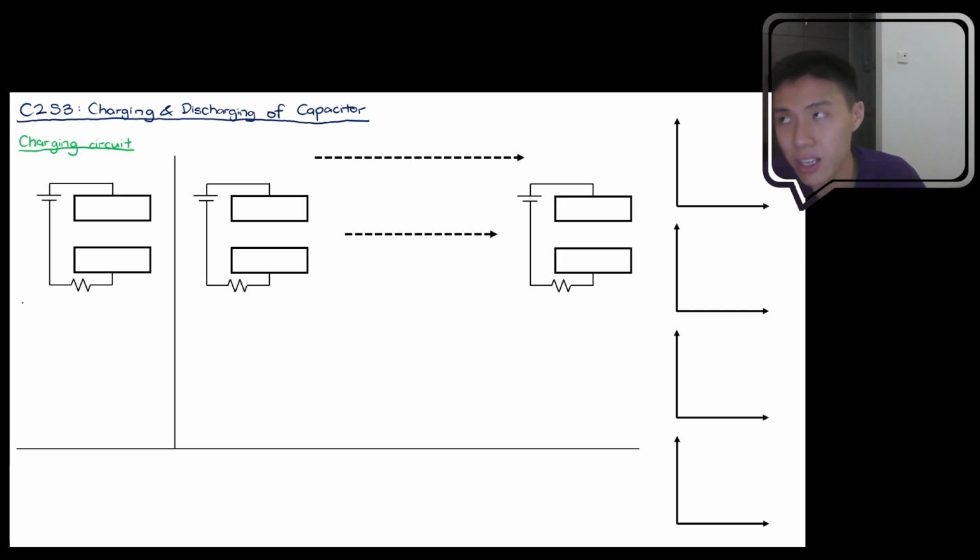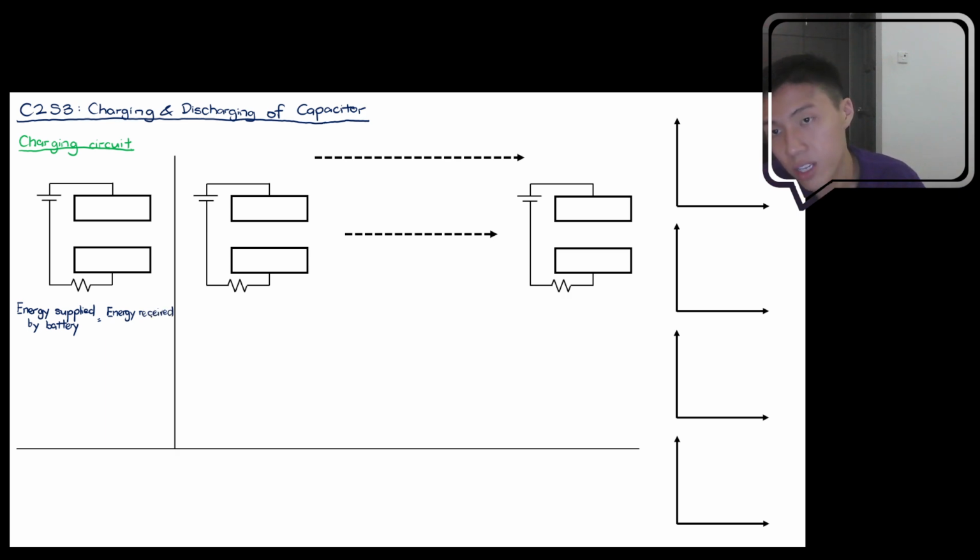By the idea of conservation of energy, assuming that this is an ideal circuit, we can say that the energy supplied by the battery has to equal the energy received. Someone supplies, someone receives the energy.